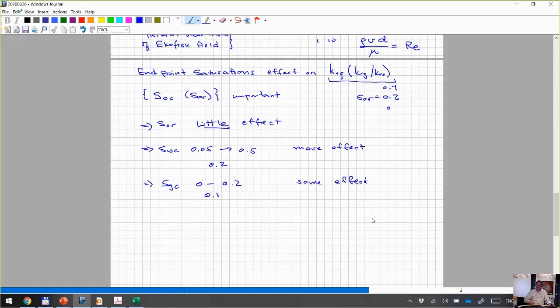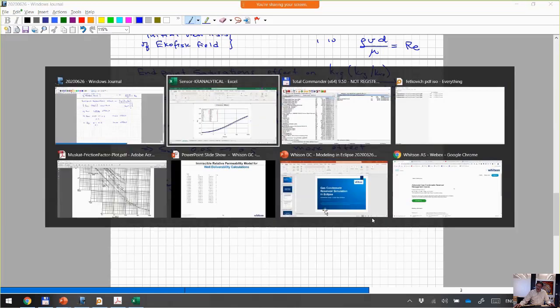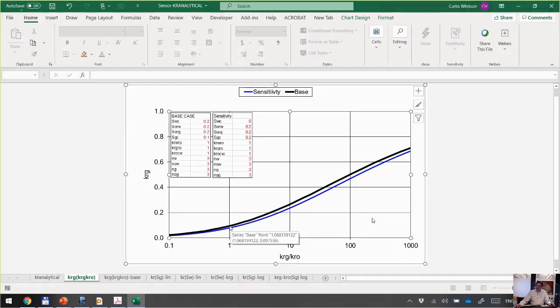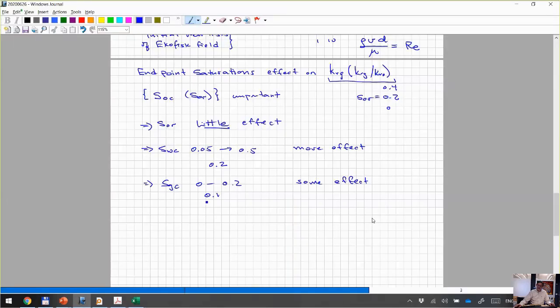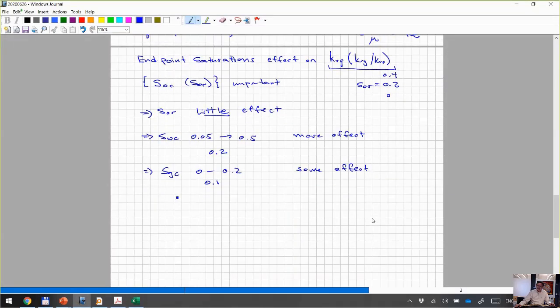But in none of these cases do we really deviate far from this crossing point of 0.1. Okay? Not really for any of these cases, according to 20% gas. So I just wanted to share this with you.